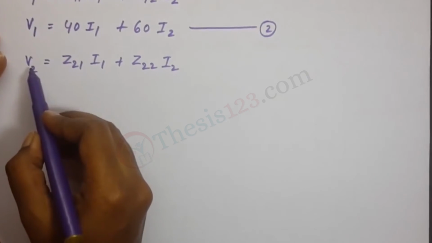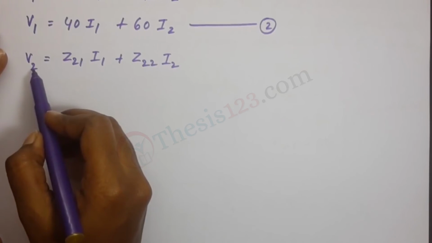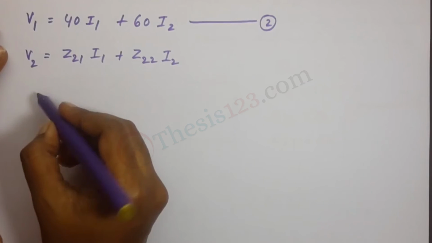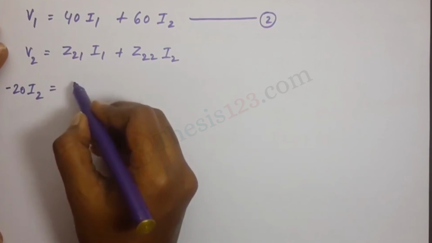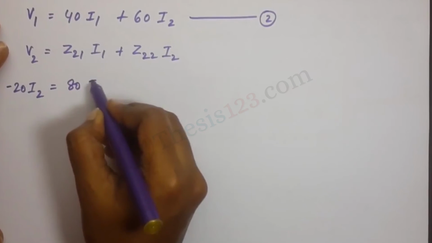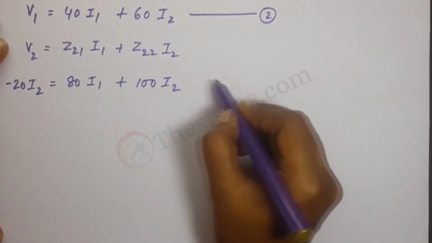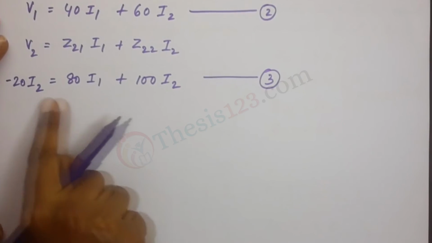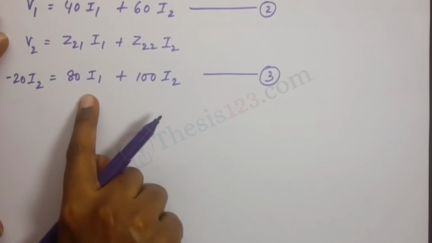Let's substitute, including the value for V2. V2 is the expression from equation 1, which was minus 20 I2. So minus 20 I2 is equal to 80 I1 plus 100 I2. Let's call this equation 3. Now if we simplify this further, we'll get a relation of I2 and I1.